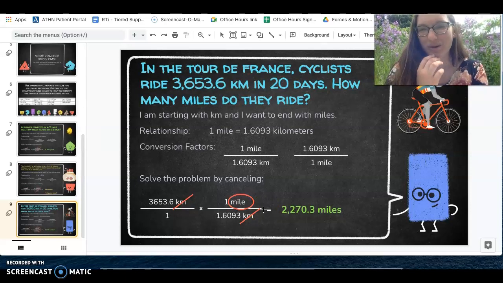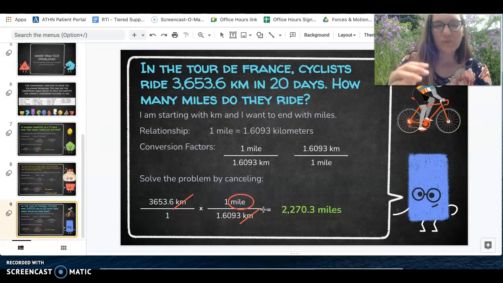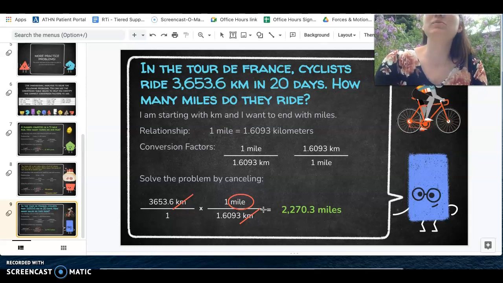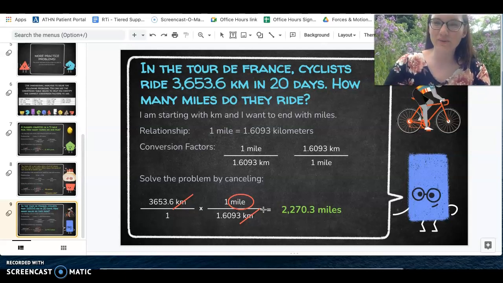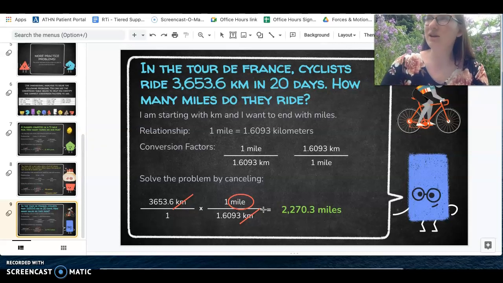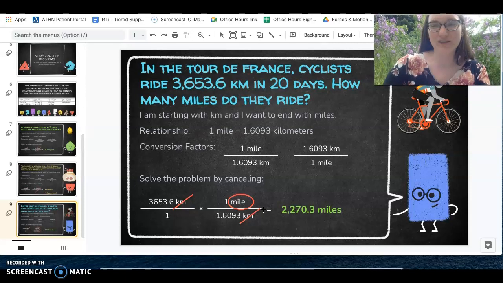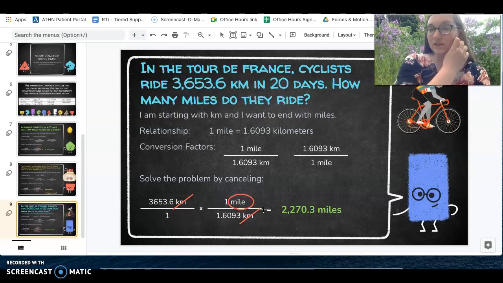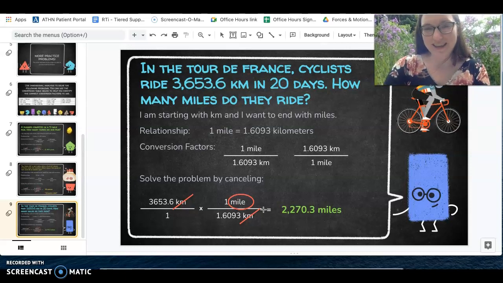Okay, so let's start some practice problems. You ready for this? I just want to say one last thing, that with a lot of these problems, you might have to do two layers, right? Like in your dimensional analysis project, you had to convert kilometers per hour to miles per second or meters per second or something like that.